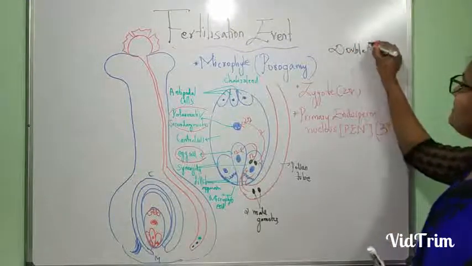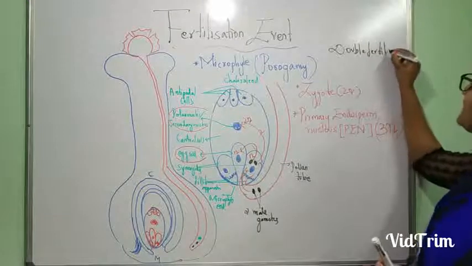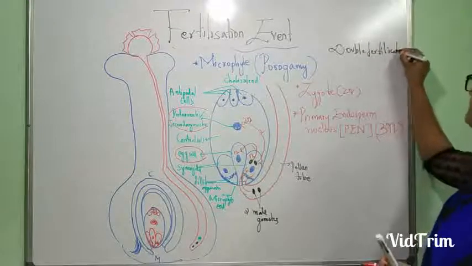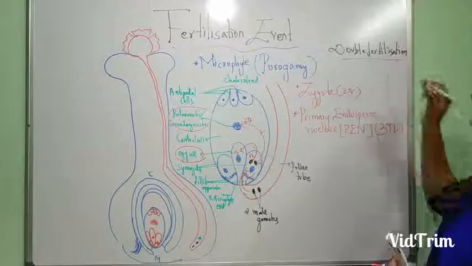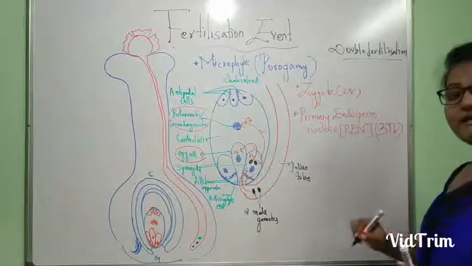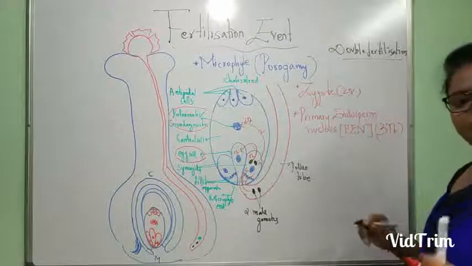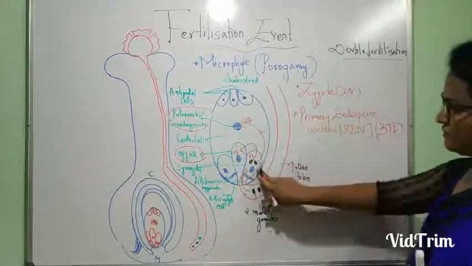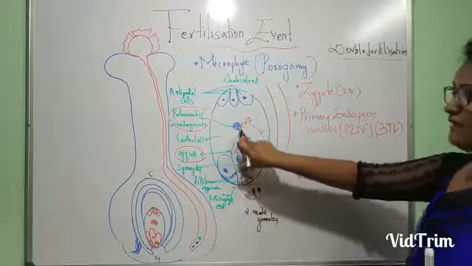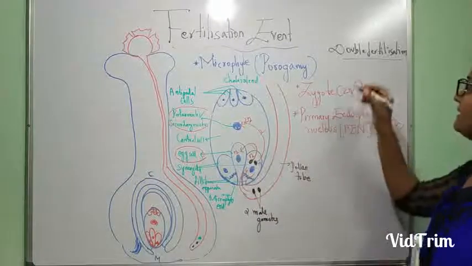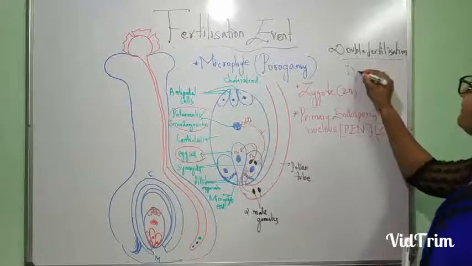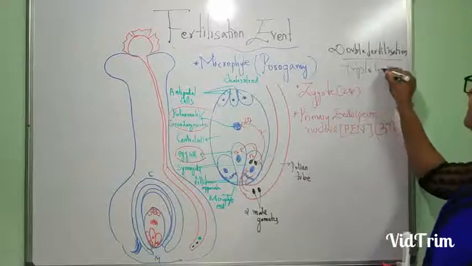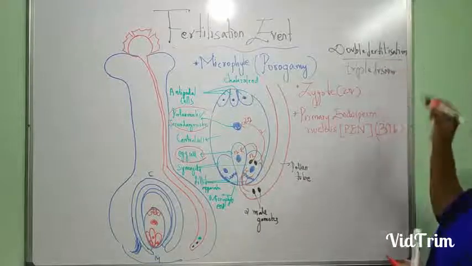This step is the first fertilization and this is the second fertilization, hence it is called double fertilization. It is also called triple fusion. Which step is triple fusion here? The fusion of one male gamete with the polar nuclei we call triple fusion.